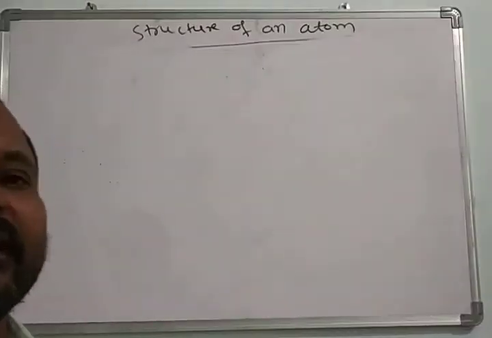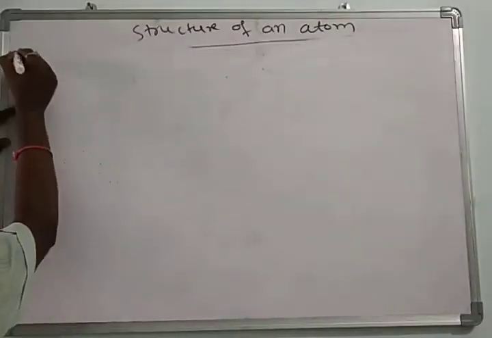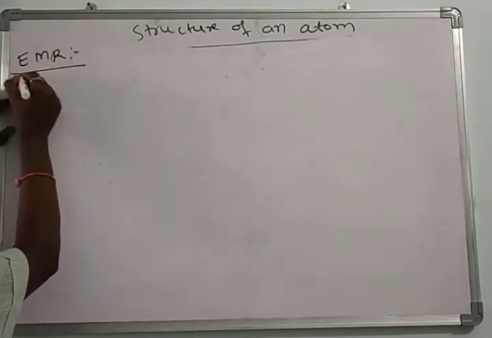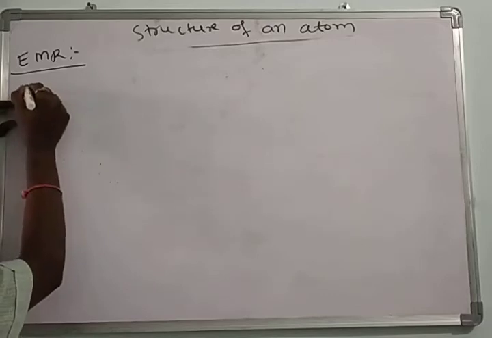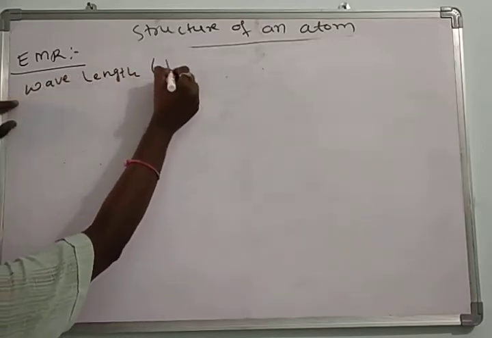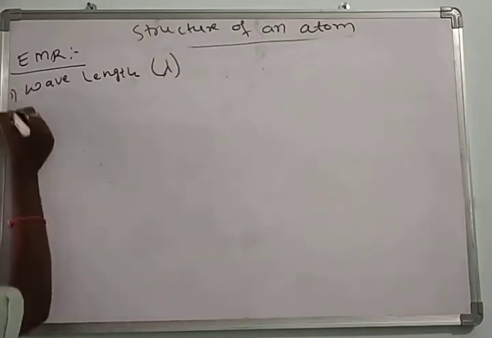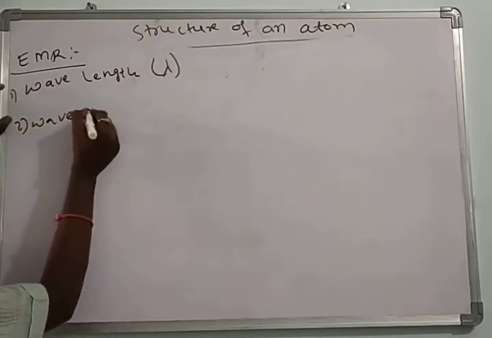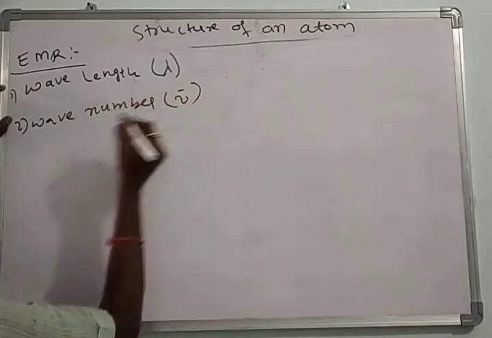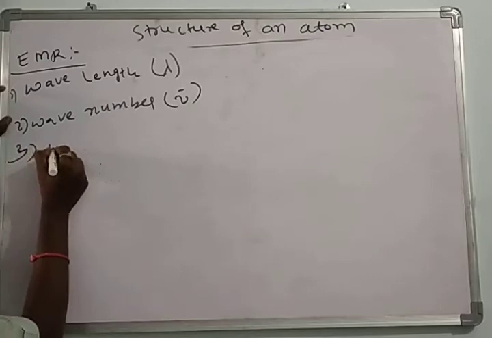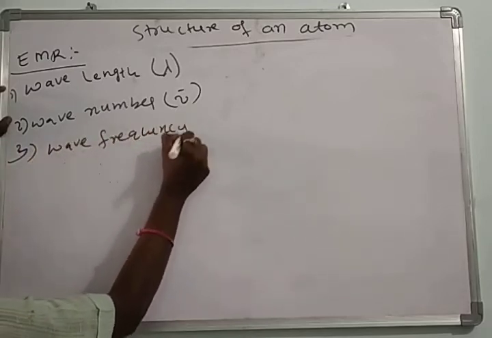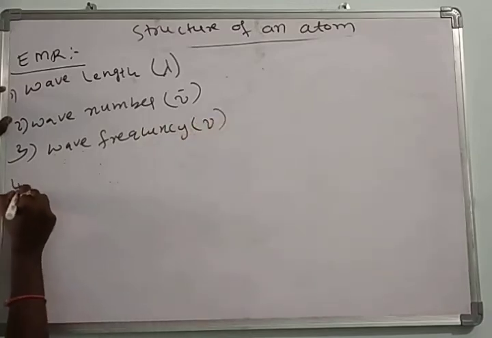Electromagnetic radiation is measured in the form of different terms. EMR, I am writing EMR, means electromagnetic radiation. This is measured in the form of wavelength, indicated with lambda. Wave number, indicated with nu bar. Wave frequency, indicated with nu.